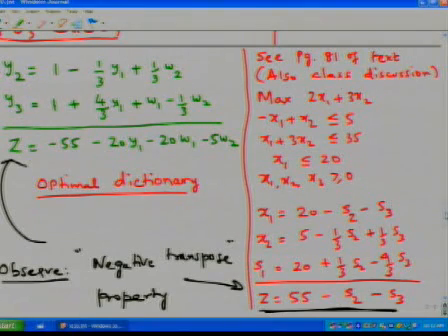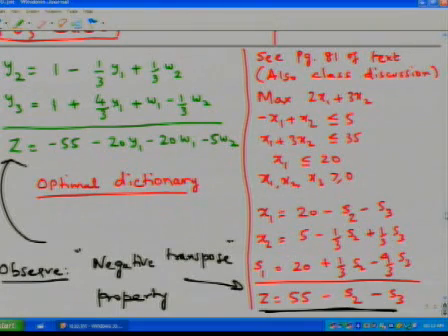Here it so happens that x1, x2, s1 are the basic variables, so they're all lined up, but they don't have to be. It could be x1, s1, and s2, in which case the B matrix will be these three columns.